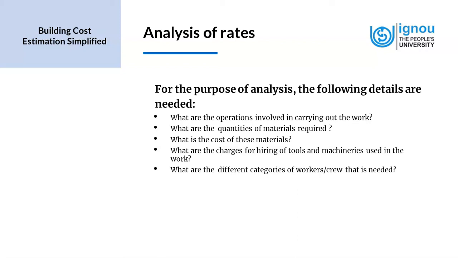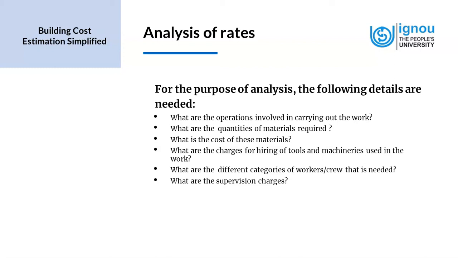And more often than not, any job on a construction site would require a crew rather than an individual. And so we need to understand what are the different labor categories that are involved in a particular work or on a particular job.